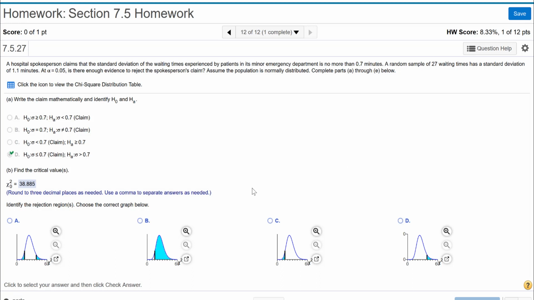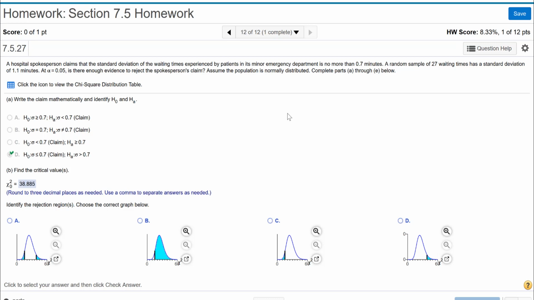Alright, next one here. So identify the regions. Choose carefully here. The claim is that it's less than 0.7 or equal to, right? And then the alternative hypothesis can be greater than. So that's not a two-tail. Obviously, it's going to be a one-tail here. So one tail, and it looks like it's a difference between B and D right there.